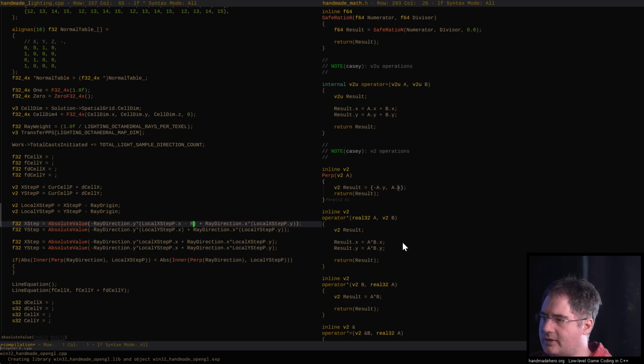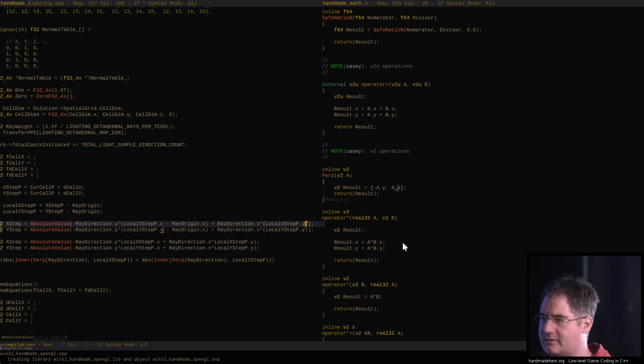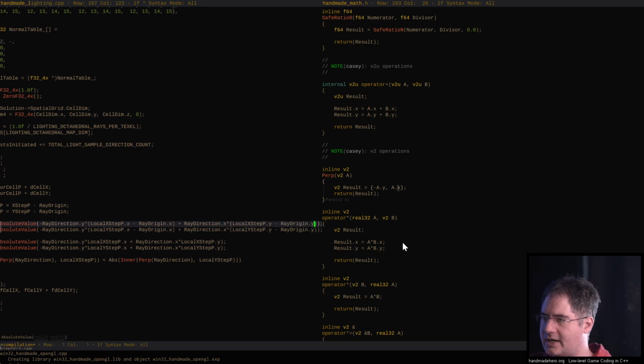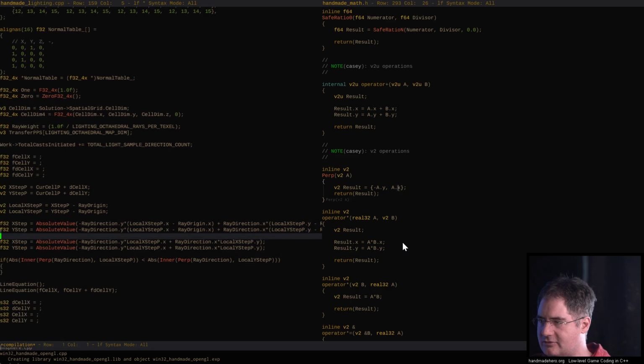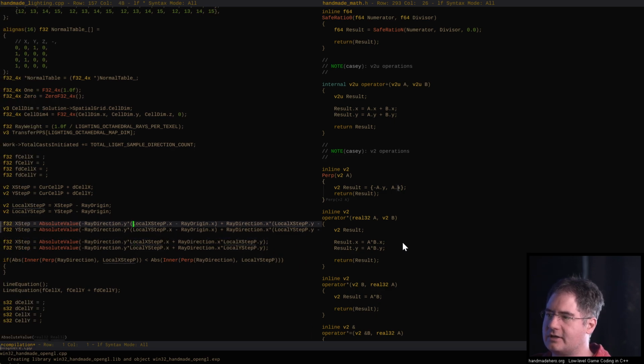So each one of these will have a ray origin x built into it that's getting subtracted out, and both of these will have a y that's getting subtracted out, right? But what you can see here, hopefully, is that that doesn't actually change depending on which equation you're in. So if I distribute these multiplications out, all that's going to happen is I'm going to be left with a subtraction that is constant between the two things.